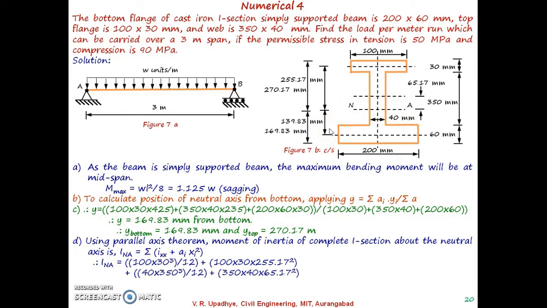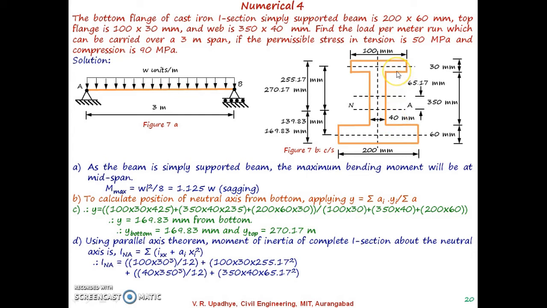Similarly, if we go for further calculation to calculate the moment of inertia of the web about the neutral axis, then for the first term we calculate BD cube by 12 about its own centroid. B over here is 40 mm and D is 350.